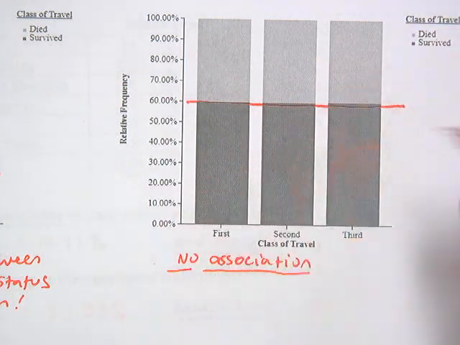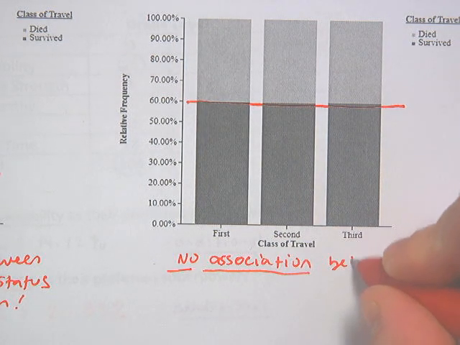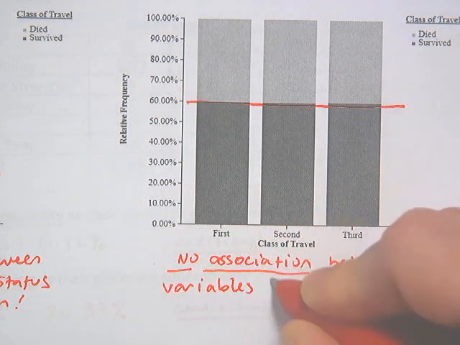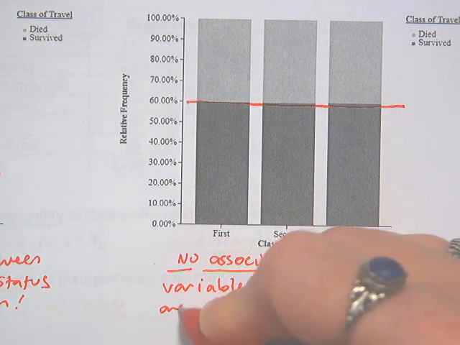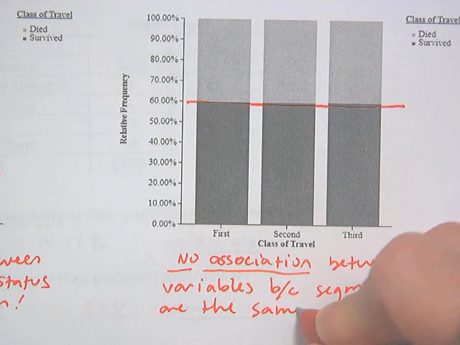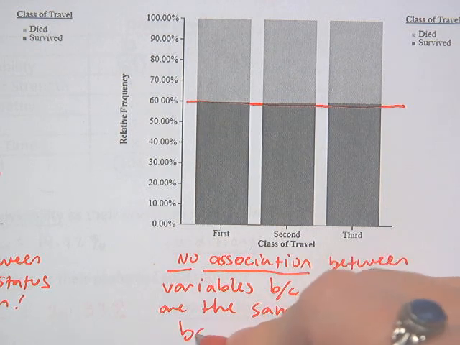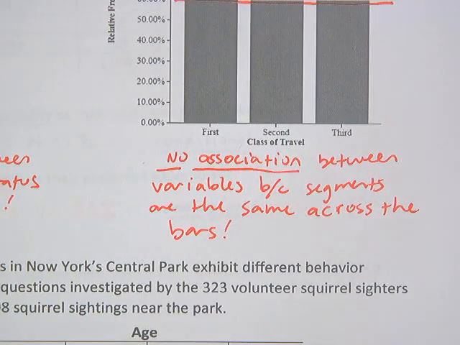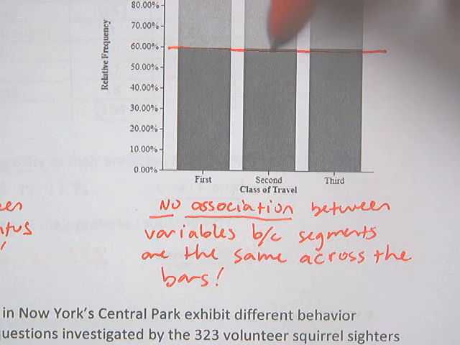No association between variables because segments are the same across the bars. Segments are the same across the bars, and it might help if you just draw yourself a little line across there.